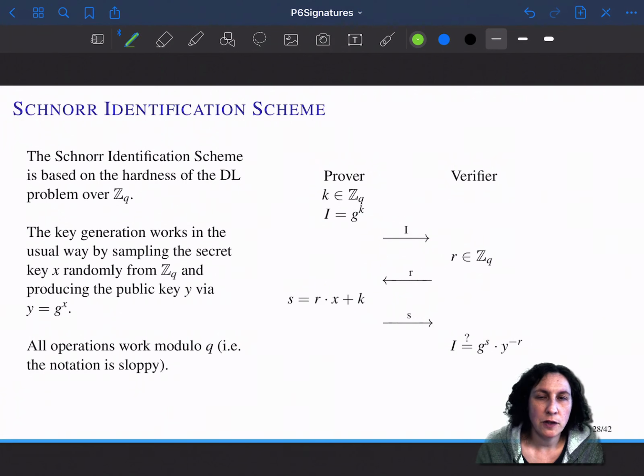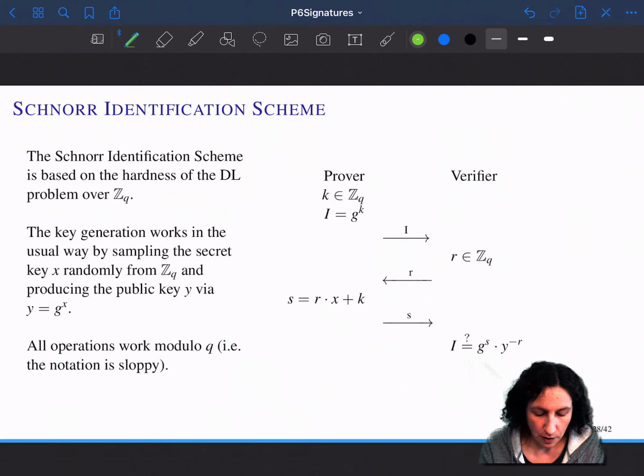When you authenticate yourself to the ATM machine, the cash machine, then you do a two-factor authentication. You present the card, so you've got possession of something, and then you present also the knowledge of the PIN, so you know something. So you've got two different factors. And the card, in fact, also authenticates itself in that process. There are different types of authentication schemes that cards can use, and one of them would be this Schnorr identification scheme.